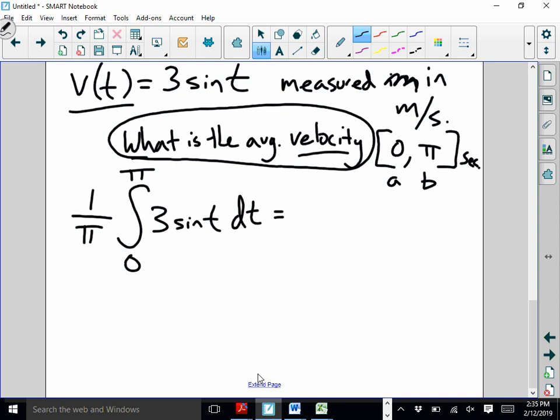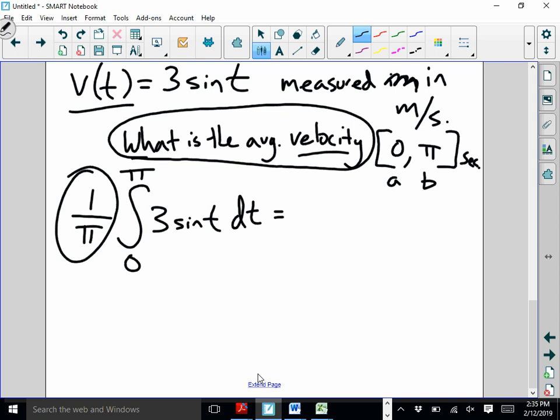If I cover up that 1 over pi and just did the integral of velocity, my unit should be meters. But this 1 over pi is a unit of 1 over seconds. So we're doing meters times 1 over second, which gives us back meters per second.